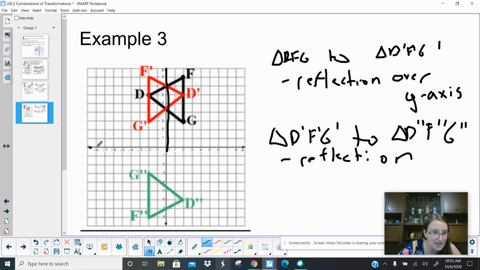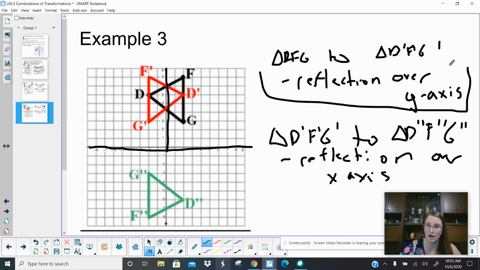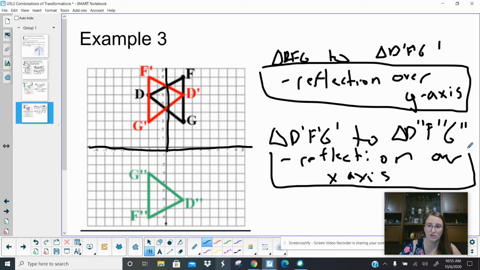Now if we notice, they are mirroring each other over this line. F flips all the way down here, G flips here, D flips here. So what is this now a reflection over? What do we call this line? The x-axis. So there are my two answers. Reflection over the y and reflection over the x.